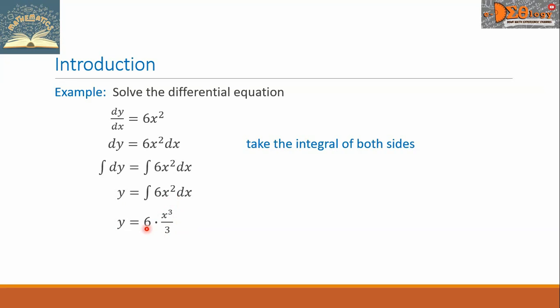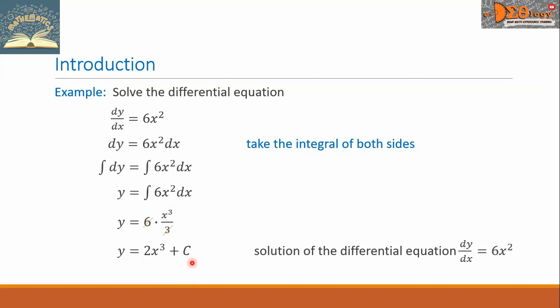We can cancel the 6 and the 3. So we have now our answer to be y equals 2x cubed plus c. This is now what we call the general solution of the differential equation dy over dx equals 6x squared.